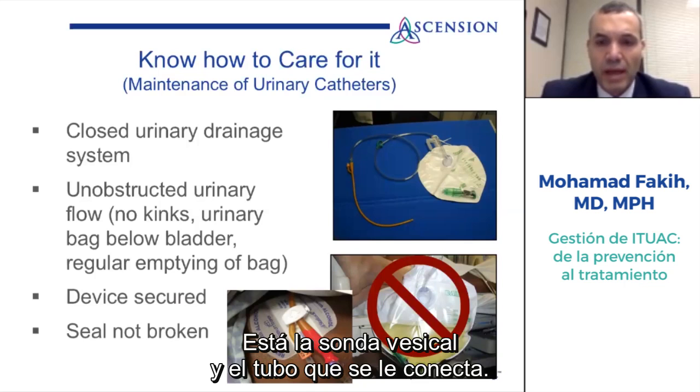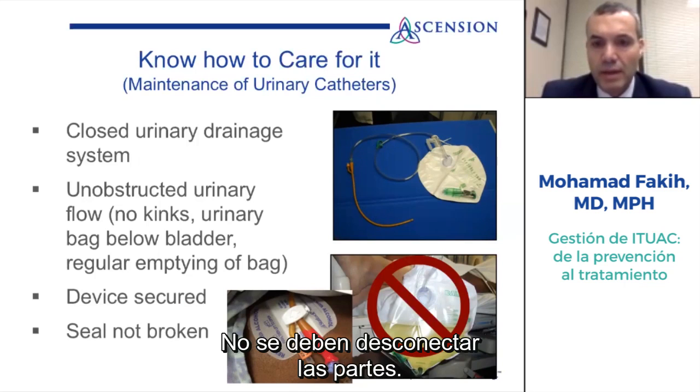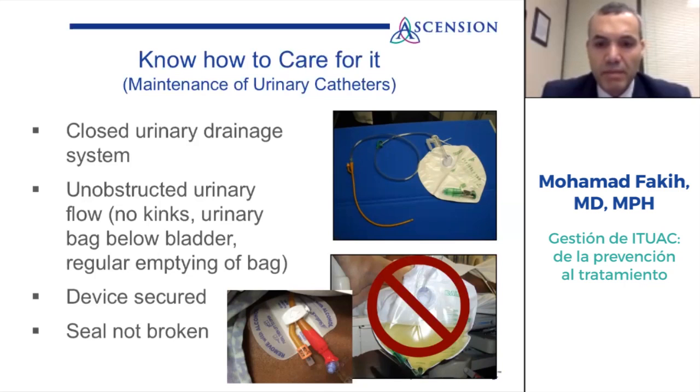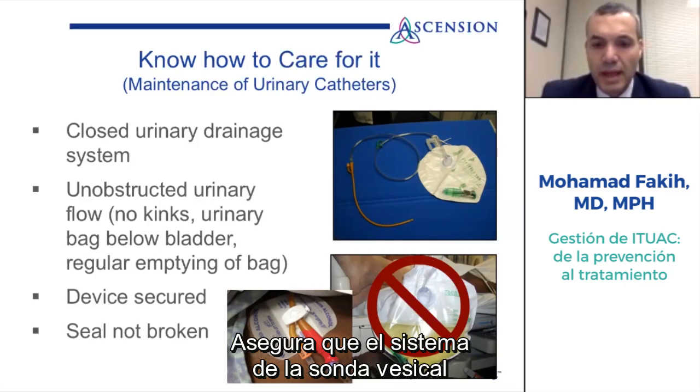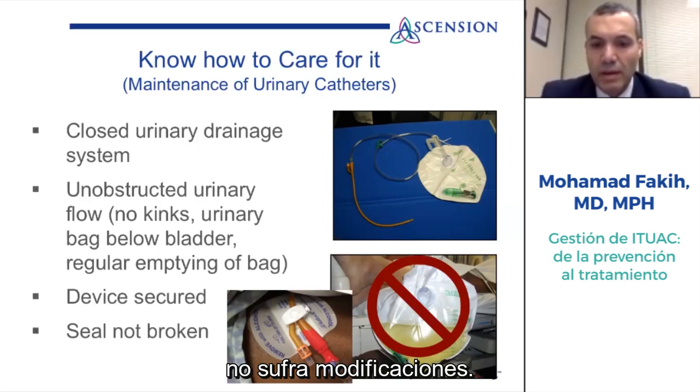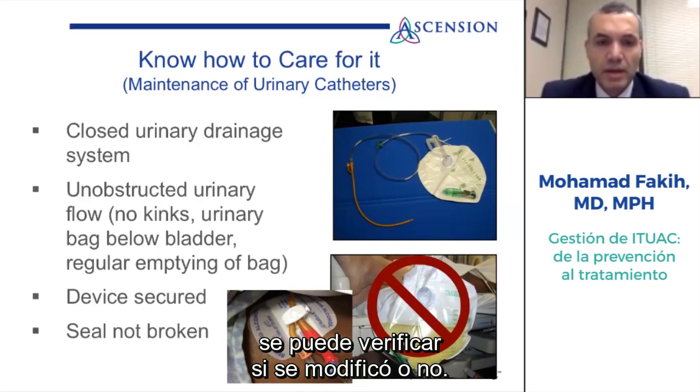So where you have the urinary catheter and the tube that's connected, you do not disconnect them from each other. And as you see from the picture, the red cover is on purpose there to ensure that the urinary catheter system was not disrupted. So if you have that type of urinary catheter, you can check whether it was disrupted or not.